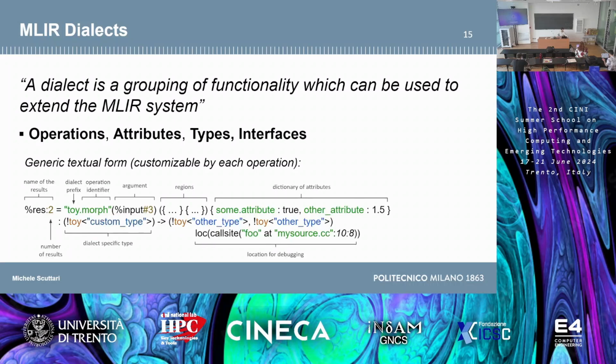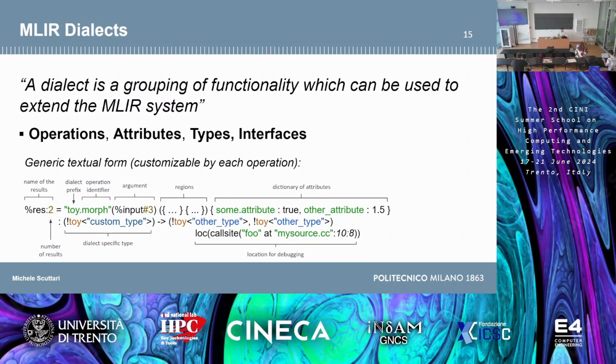Okay, this is an example, in the most, let's say, verbose form, of an MLIR operation. Here you can see the name of the result. This has a result that is named res, and is composed of two parts.